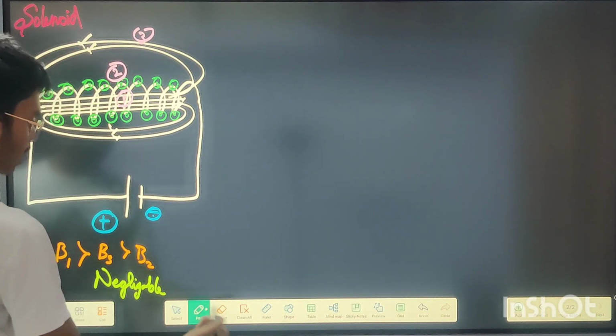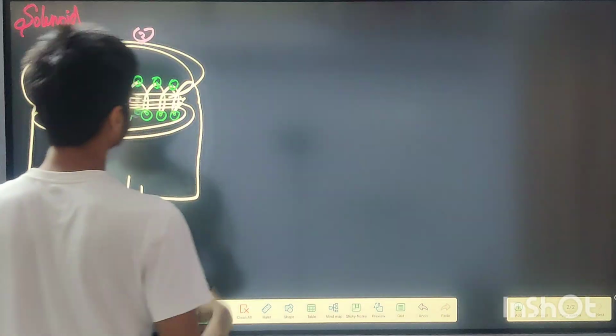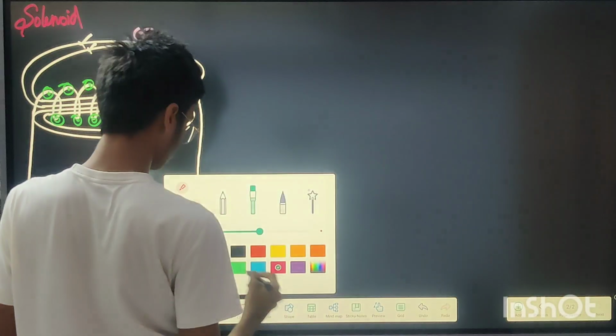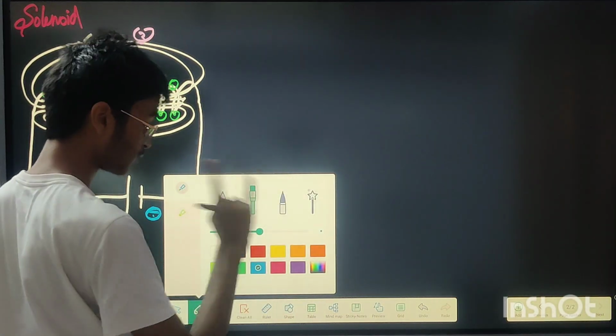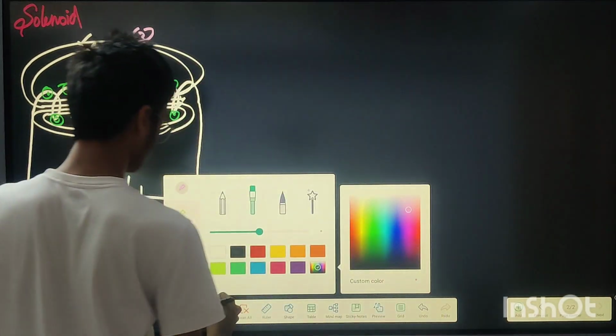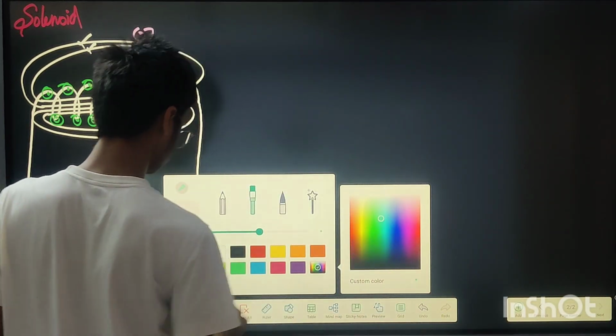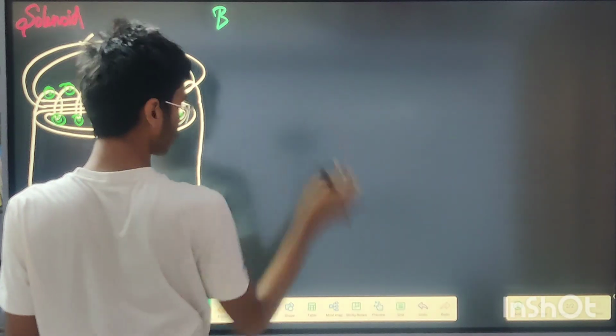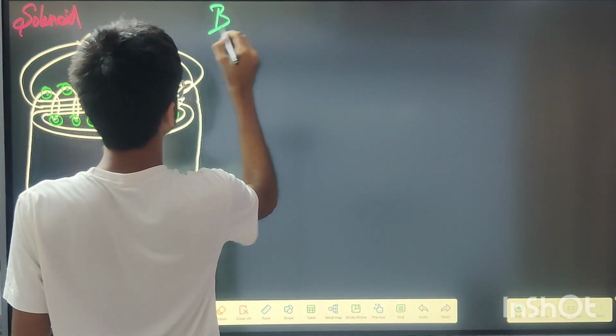And one more thing: magnetic field is not additive. Sorry, it is a vector quantity. Magnetic field is not simply additive.